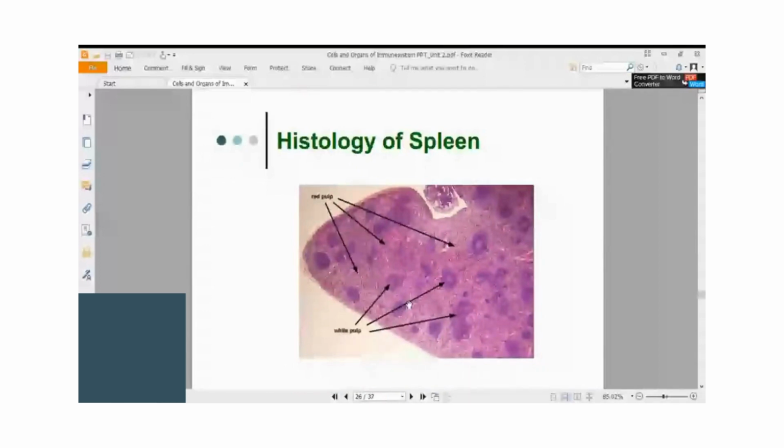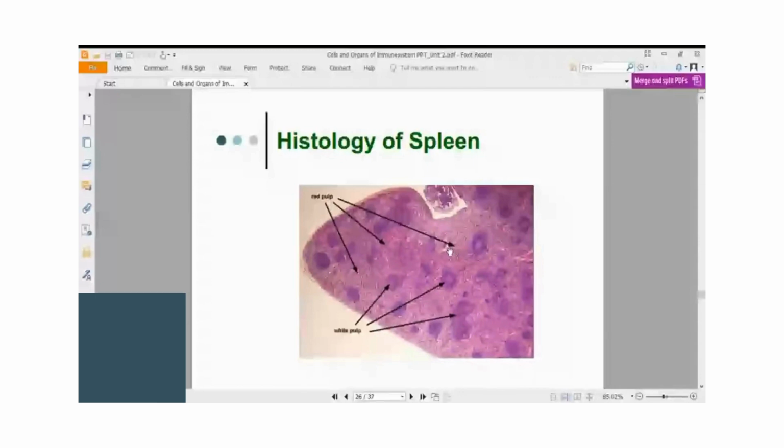Blue patches in the histology are white pulp. Then a nice powdery granular mass which is dispersed uniformly is called red pulp. So red pulp is the area where RBCs are in large numbers, and B and T cells are scanty there.